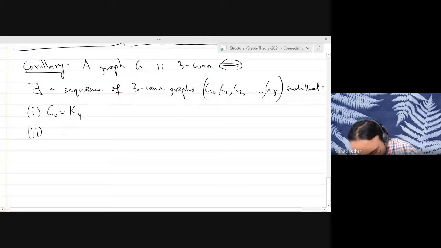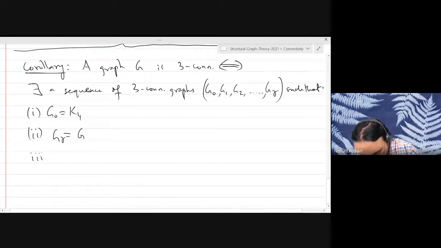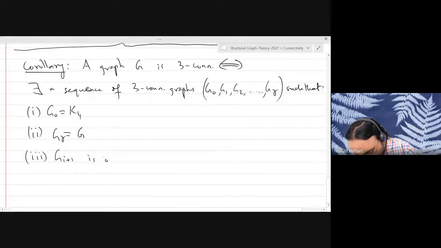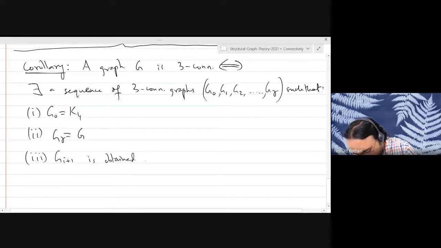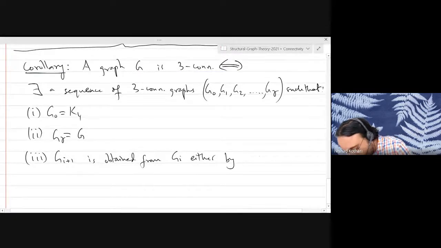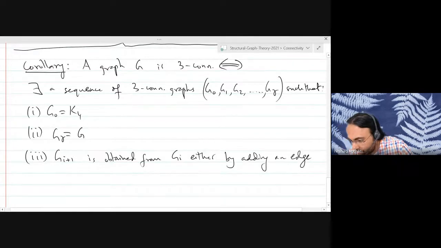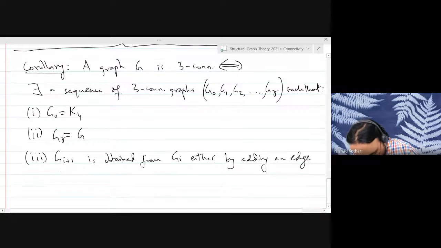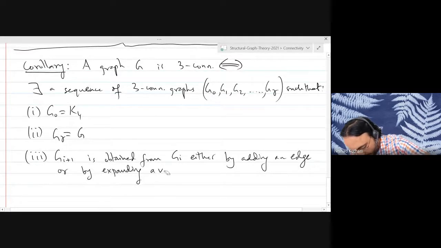The last graph in the sequence is the graph you want, G, and every intermediate graph Gi plus 1 is obtained from the previous one, Gi, either by adding an edge or by expanding a vertex of degree at least 4.